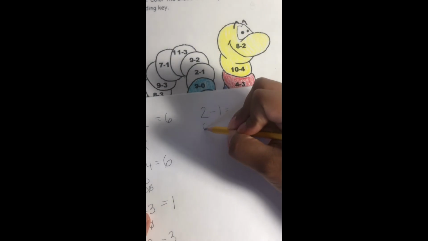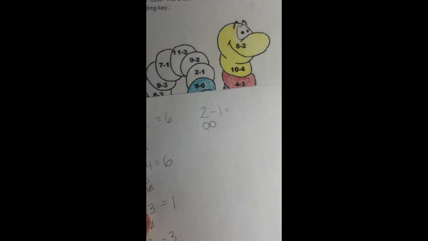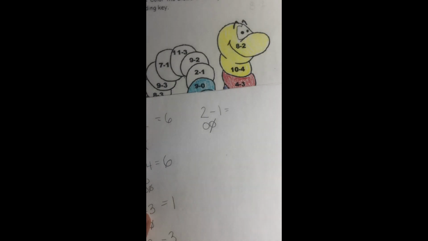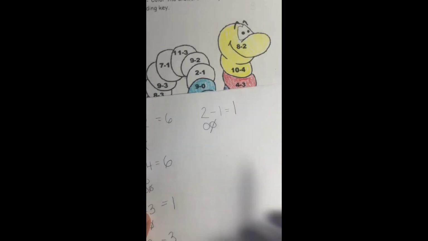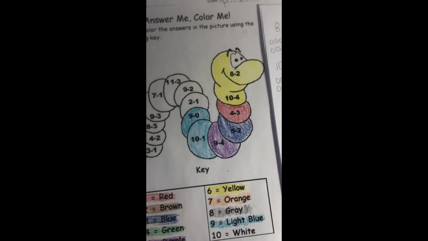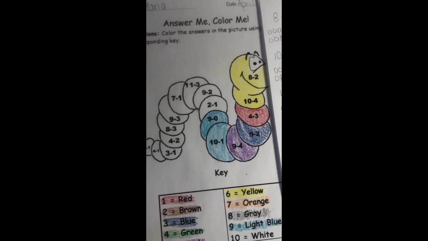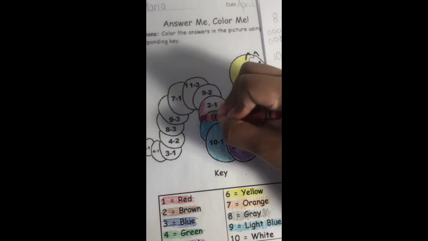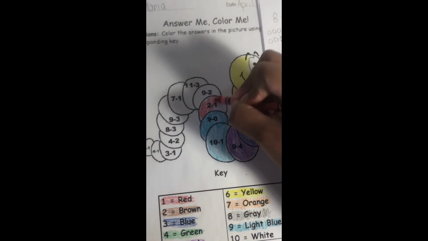So if I have 2 circles and I take away 1, how many do I have left? 1. You're right. Let's go back to our chart, and what color is number 1? Red. You're right. So let's go ahead, get our red crayon and color that in.